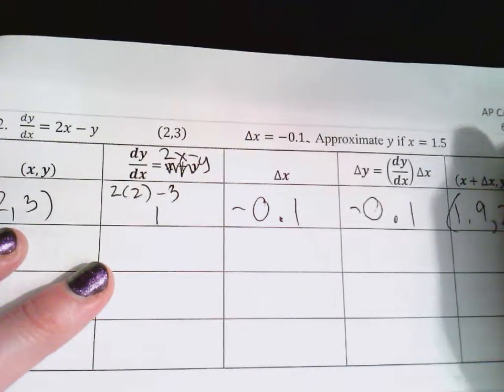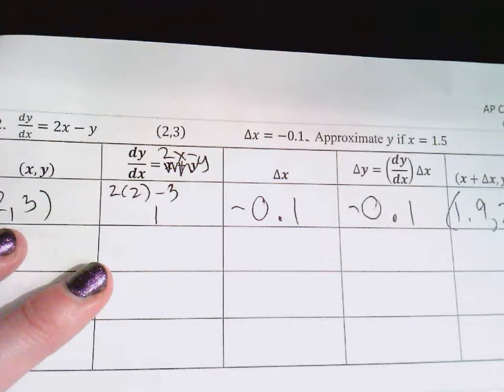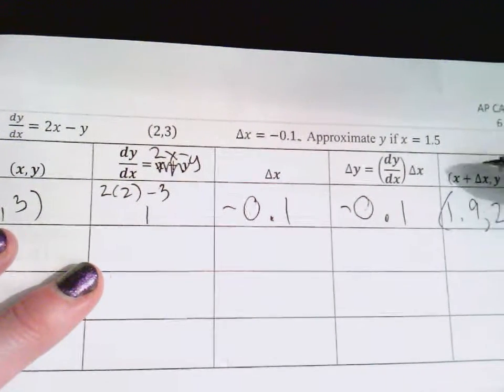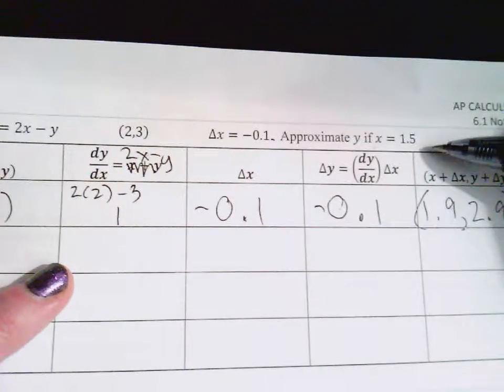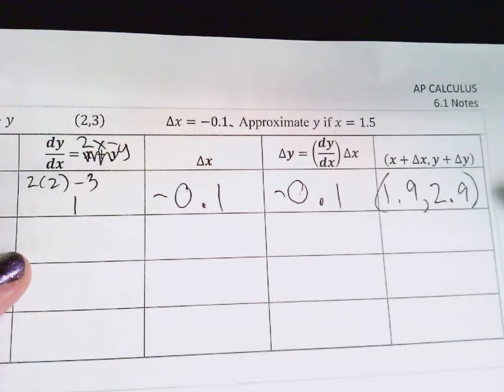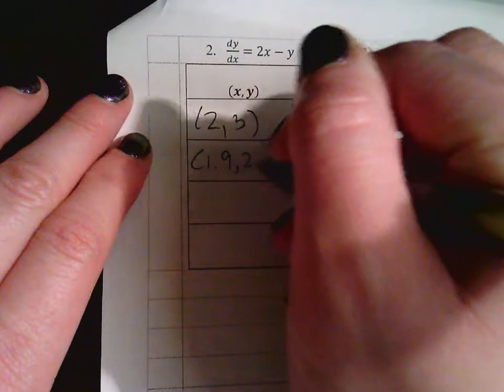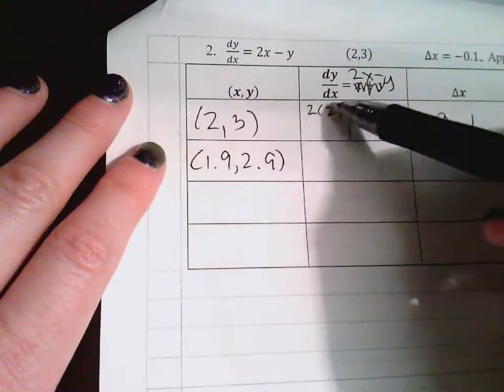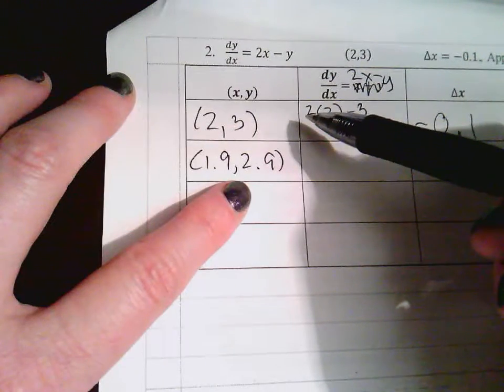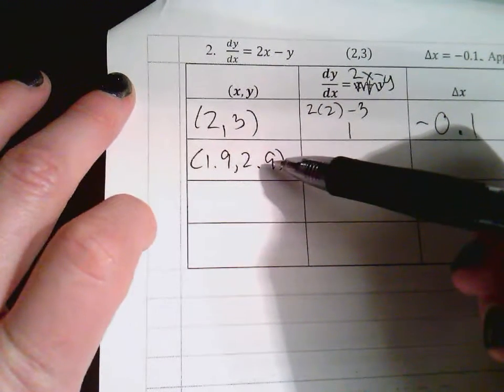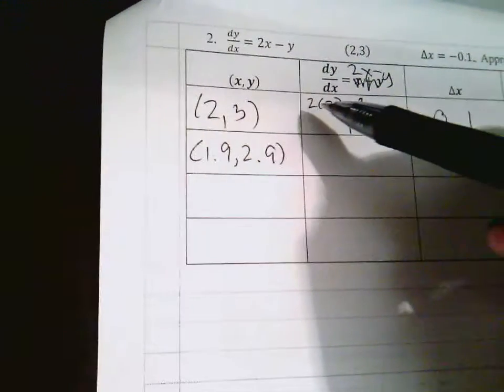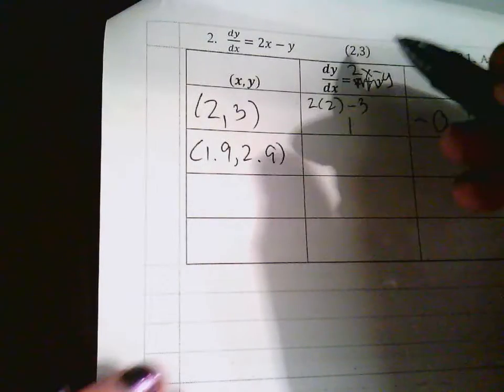2.9. And for here, you're going the whole way to approximate y if x equals 1.5. So 1.9 and 2.9 goes here. Okay. 2 times 1.9 minus 2.9 is going to be 0.9.